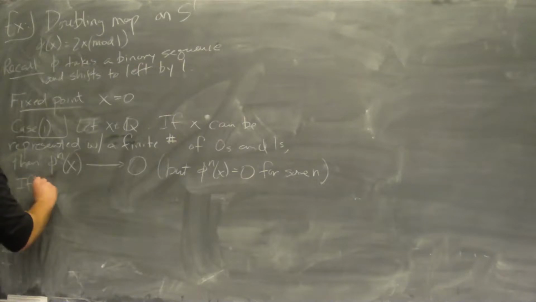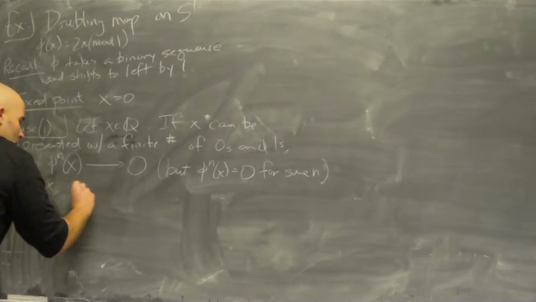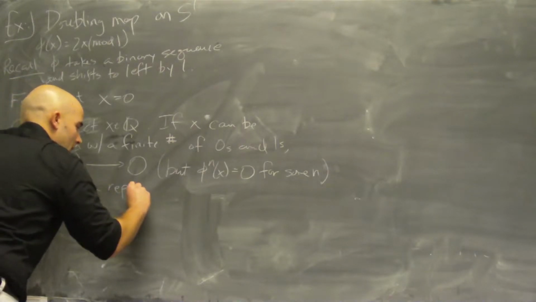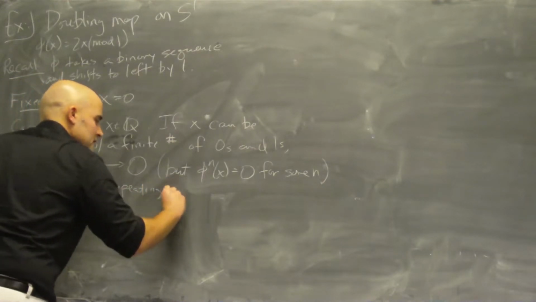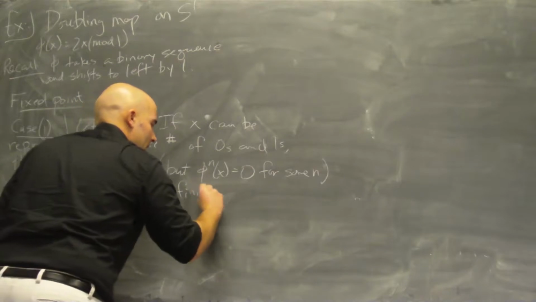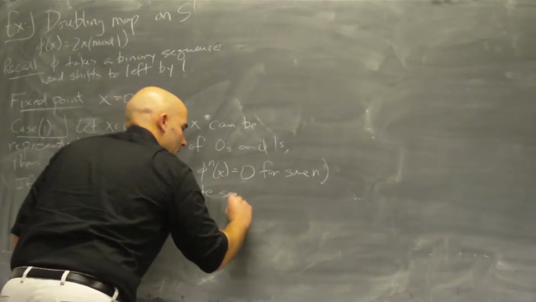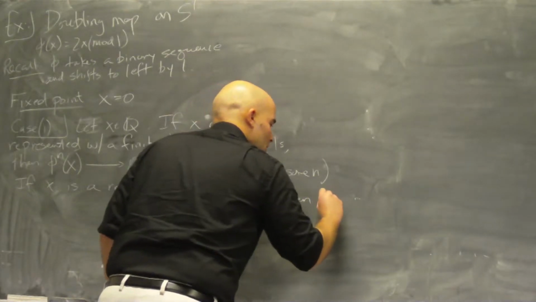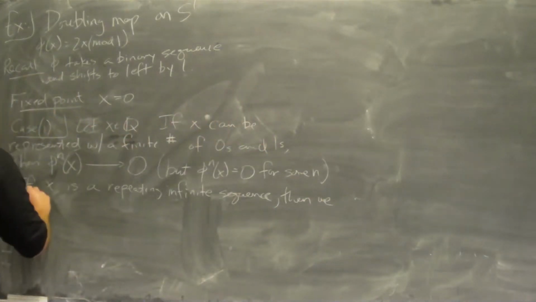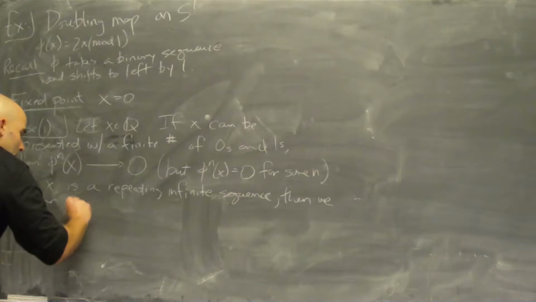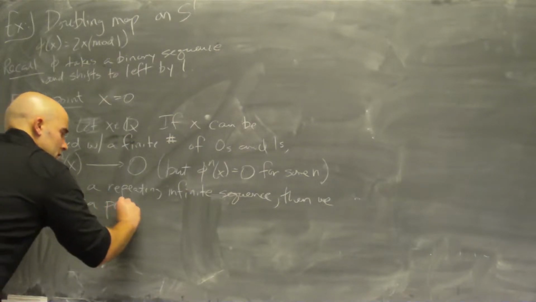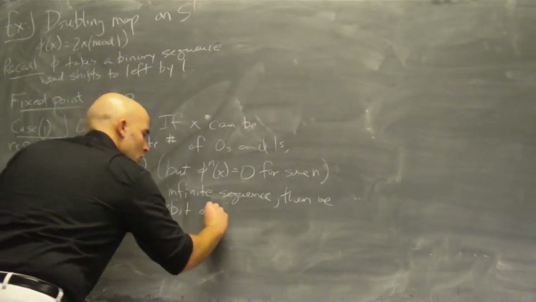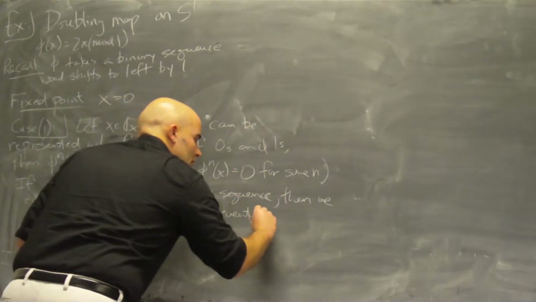But if x is a repeating infinite sequence, then we either get a periodic orbit or an eventually periodic orbit.